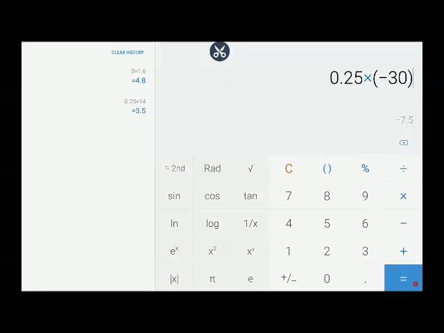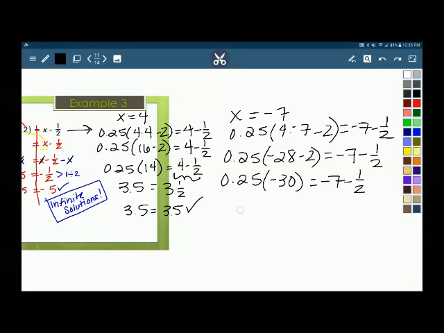There we go, that's equal to -7.5. And -7 minus 1 more half is -7.5, which can also be expressed as -7.5. So that is also true. I just picked two random answers.